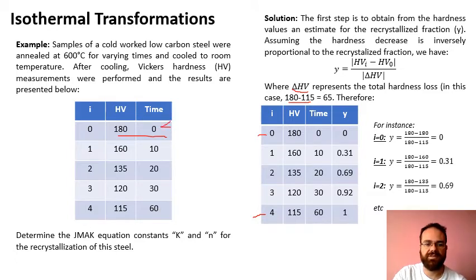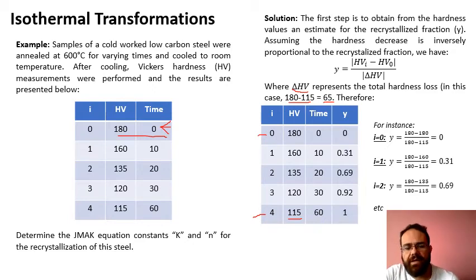Time was zero for this case, and we are assuming that 115 Vickers hardness corresponds to the complete amount of recrystallization. So it's the end value. The overall drop in hardness is 65 HV, and then simply we do this.